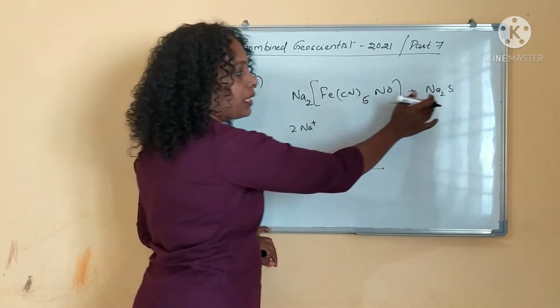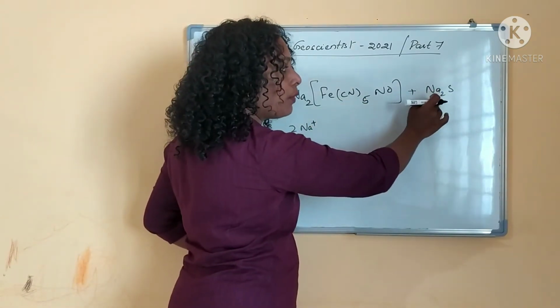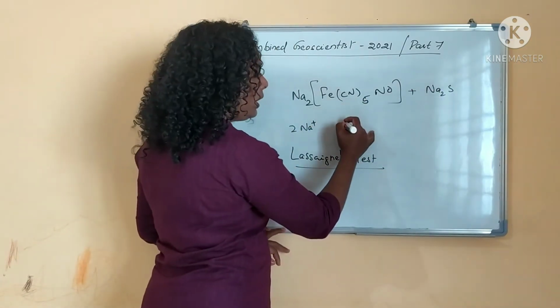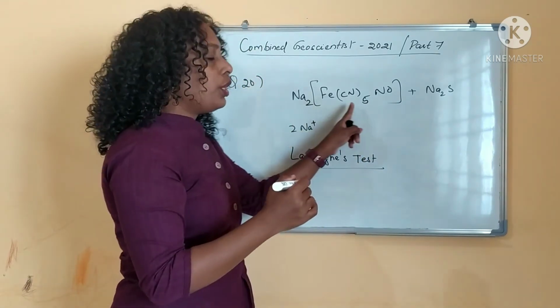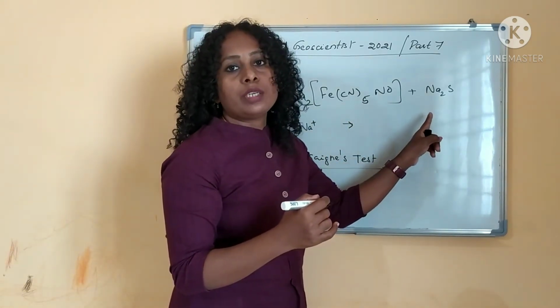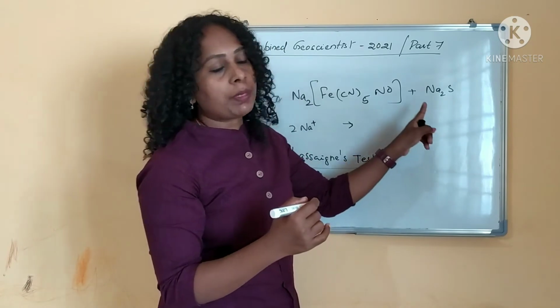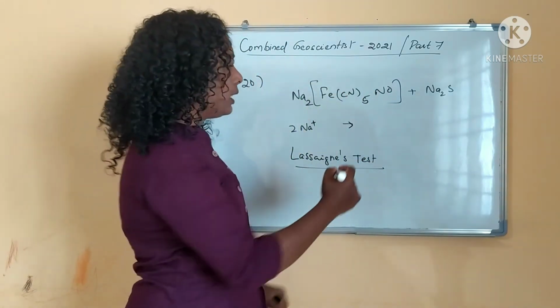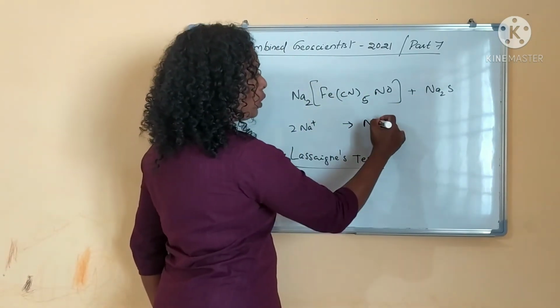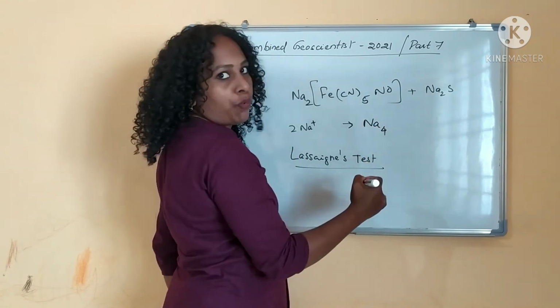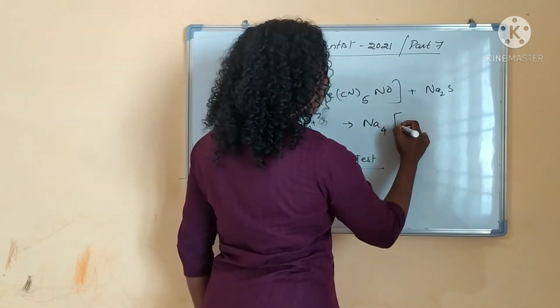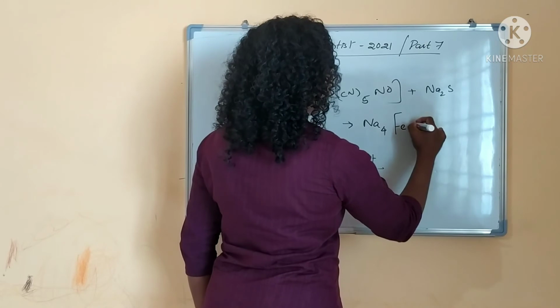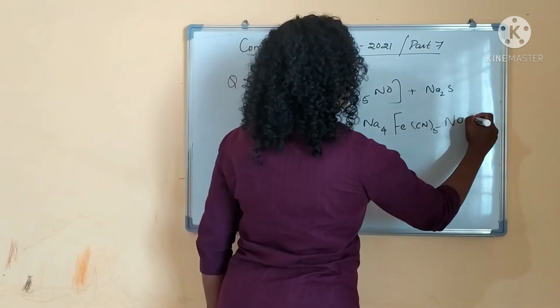So if you add sodium nitroprusside to an alkaline solution of sulfide, sodium nitroprusside will be converted into sodium thionitroprusside. One sulfur will be added inside. So both the Na2 will combine, giving Na4[Fe(CN)5NOS].